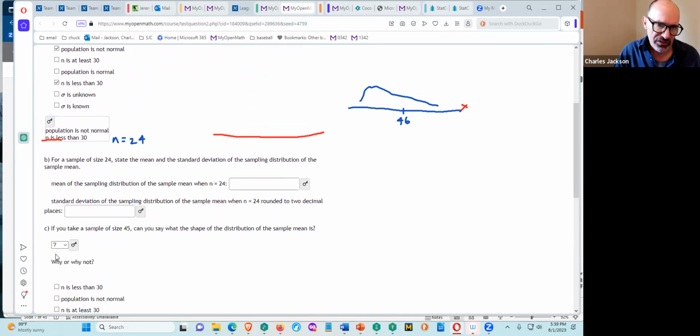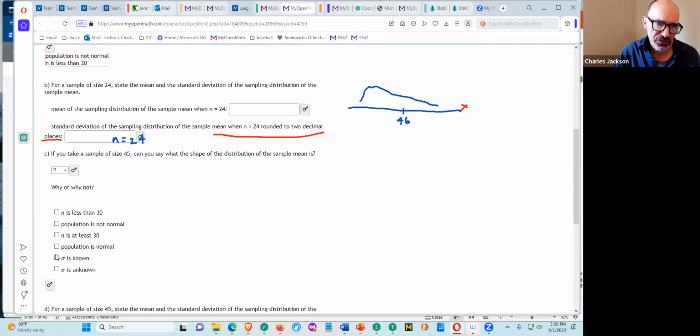For sample size 24, state the mean and standard deviation of the sampling distribution of the sample mean. Okay, well, the mean of the sampling distribution of the sample mean is going to hang right there at 46, I believe it was. But the standard deviation of the sampling distribution of the sample mean is going to be not that. I think it was 6.